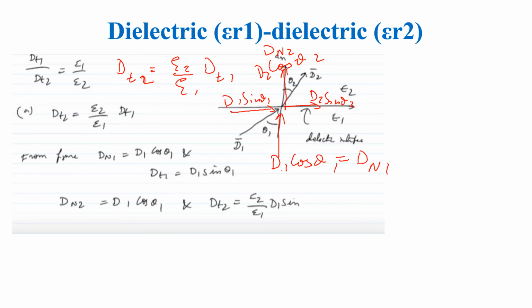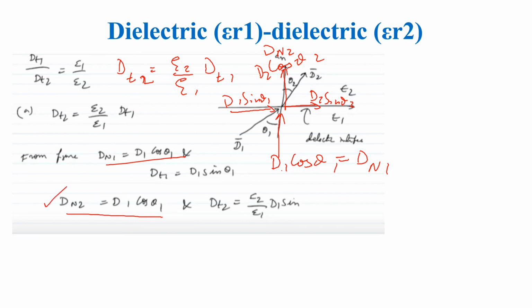So Dn2 is D2 cos theta 2. But Dn1 is equal to Dn2, that is what we learned. Therefore, Dn2 is equal to Dn1, that is D1 cos theta 1.